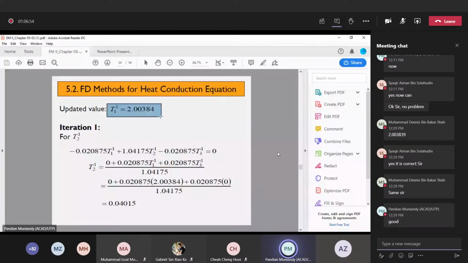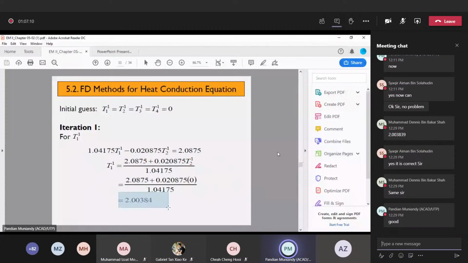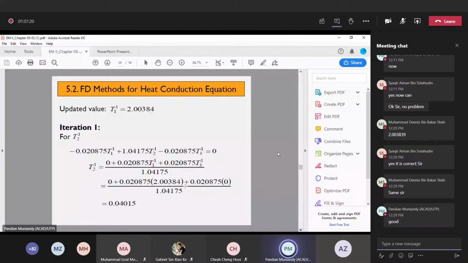This one is Gauss-Seidel. Many students will have problems later on. The T11 is the updated value, meaning this one. But the rest are still 0. This one is still 0, because you are finding T21 from the second equation. You want to find T21.